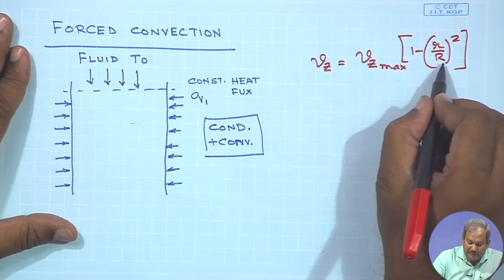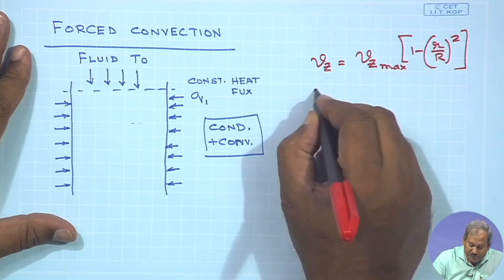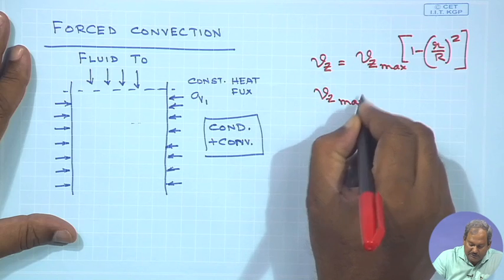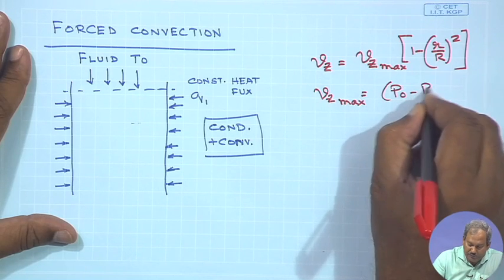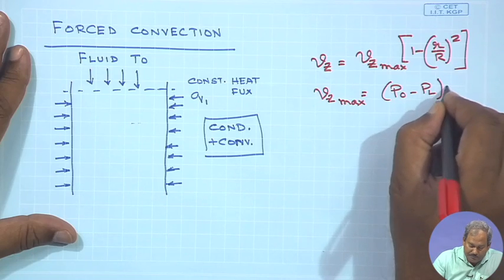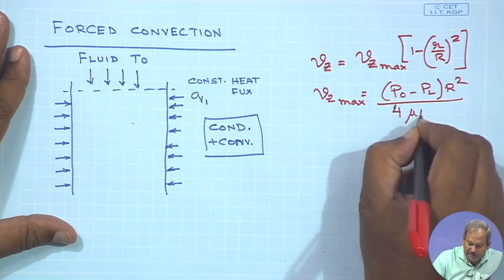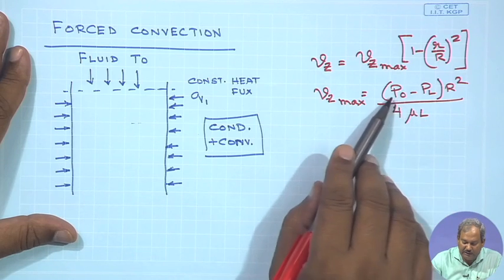So, this is the parabolic distribution of velocity, and Vz max, the maximum velocity, which obviously takes place at the center line, is expressed in terms of the pressure. If you remember correctly, this P0 contains the effect of both the imposed pressure and gravity.